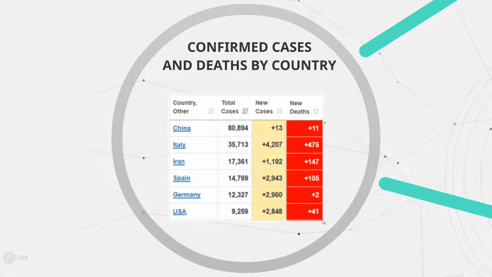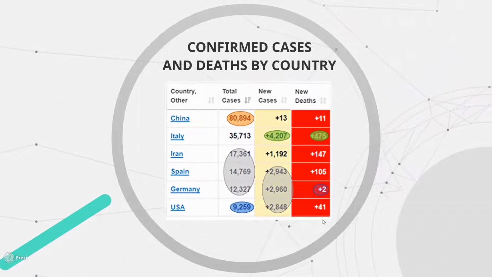now let's have a look at this table. For this table, what is the similarity? So you can see that all the 6 countries here have new cases and new deaths on this particular day. That is the similarity. How about the differences?